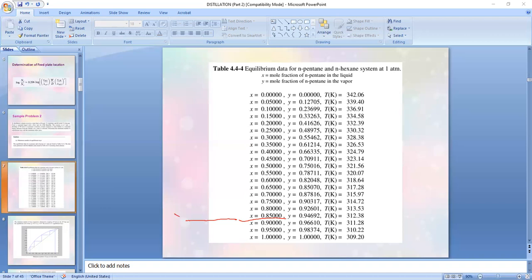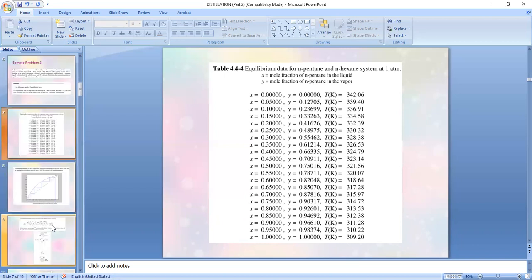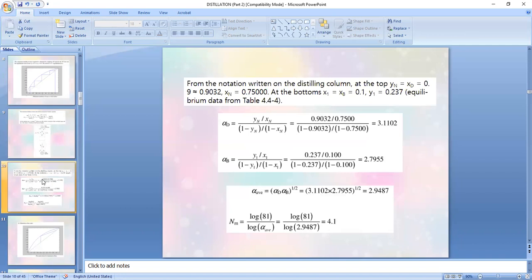Now, what will you do with this value? Record 0.9317 and 0.75. You go back to the formula given by Fenske here, and substitute the value for y, which is 0.9317. You don't place 0.9 because we don't have it in our data.